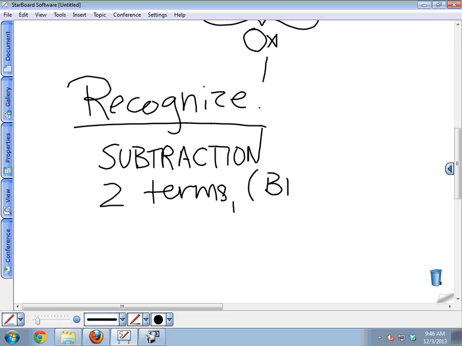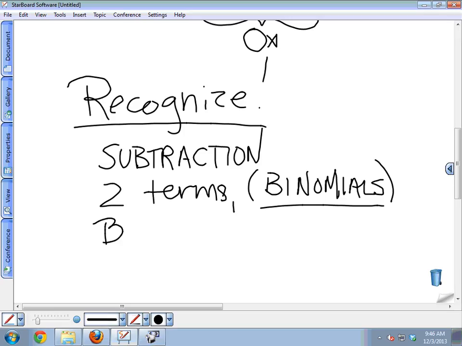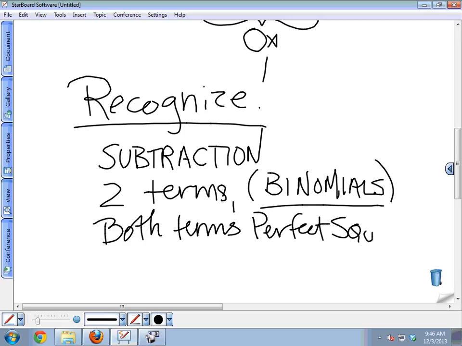Let me write that, because it is a vocabulary word you should know. So if you see two terms with subtraction between them and they are both perfect squares, both terms perfect squares.